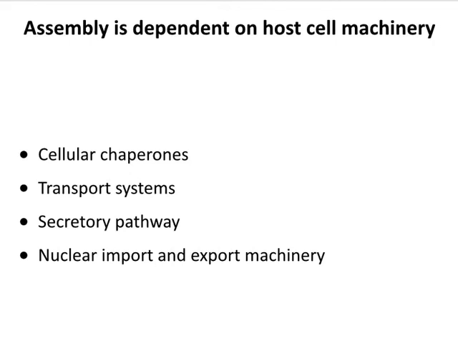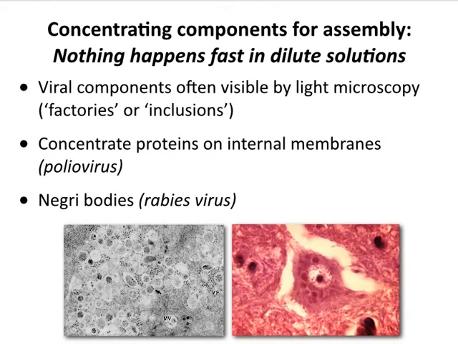That happens by using transport systems. The secretory pathway is a big component of bringing glycoproteins to the right place in the cell and also for moving components around in the cell. And as you know, many DNA viruses replicate their genomes in the nucleus, so you have to have import and export machinery as well. So many reasons why the cell is really important for virus assembly.